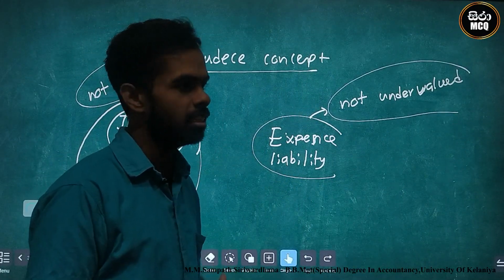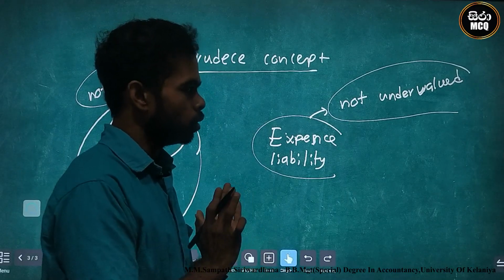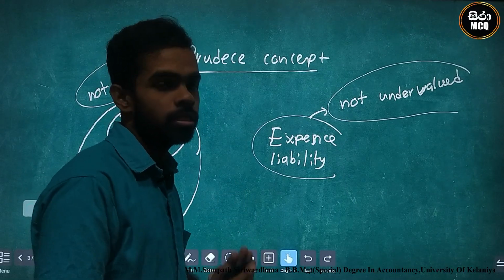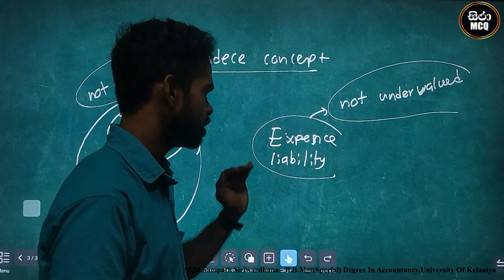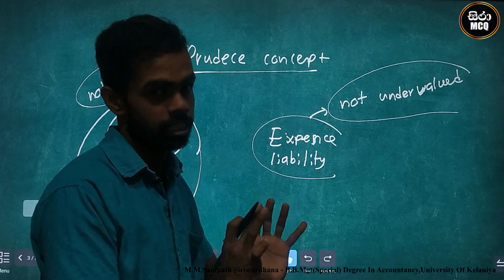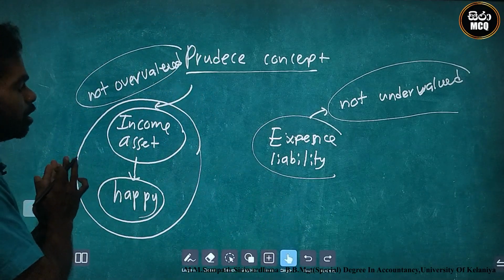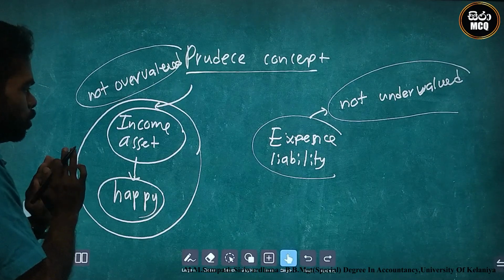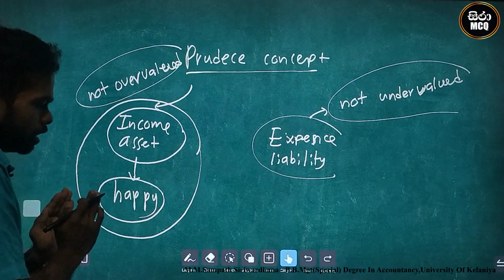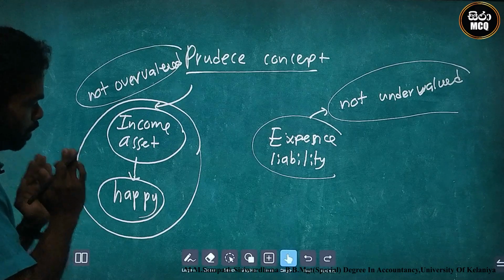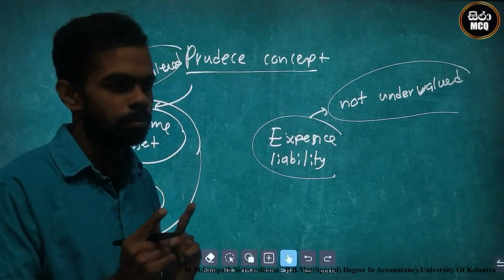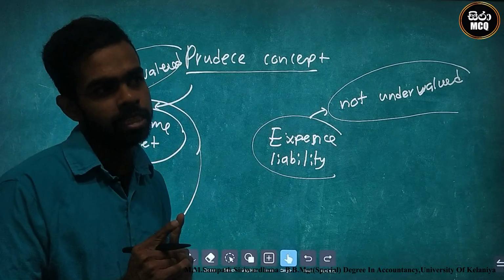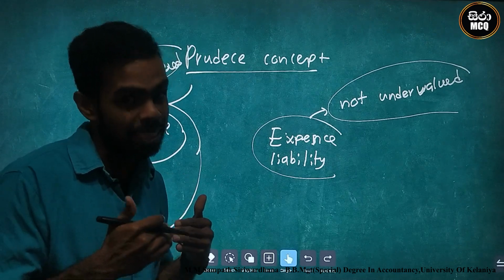Expenses and liabilities are the unhappy, danger area. Therefore, we must not undervalue this danger area. We must identify these dangerous areas. But the happy things we do not focus on. Why? There is a pending asset, a pending happy thing. We must not identify it as a current happy thing.